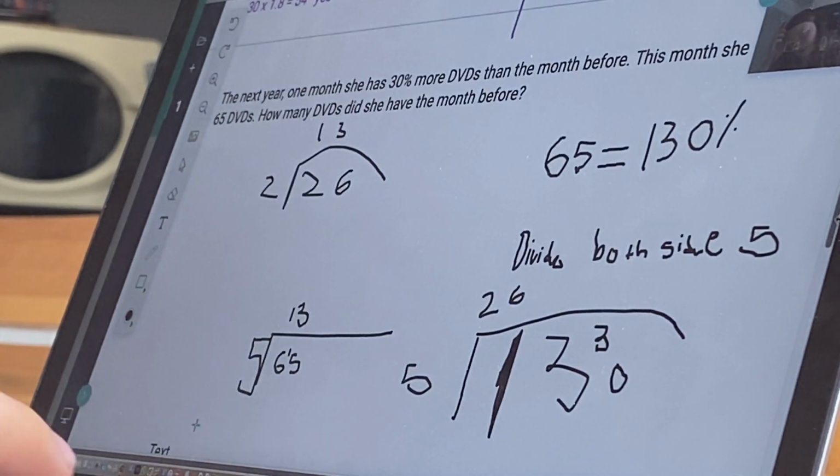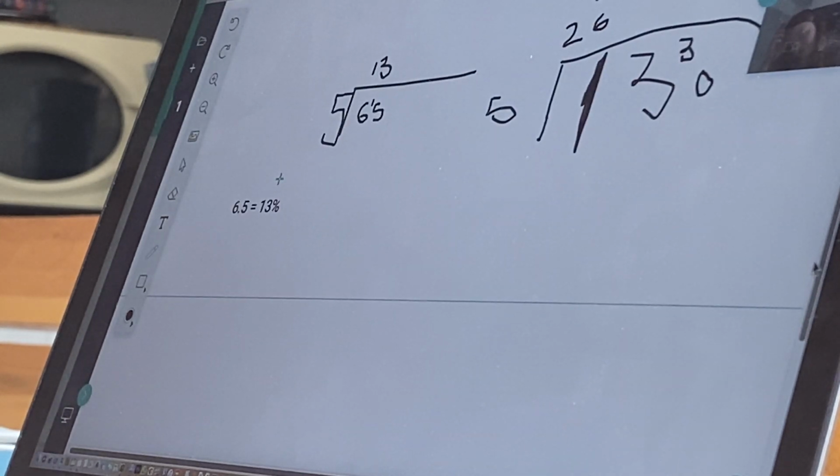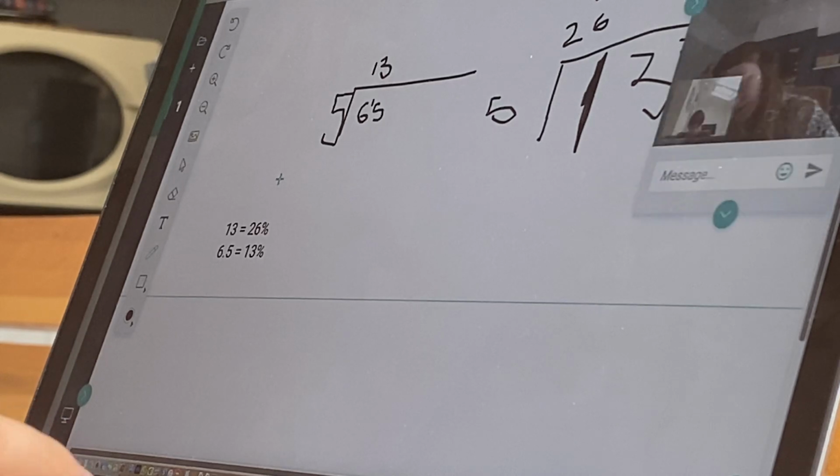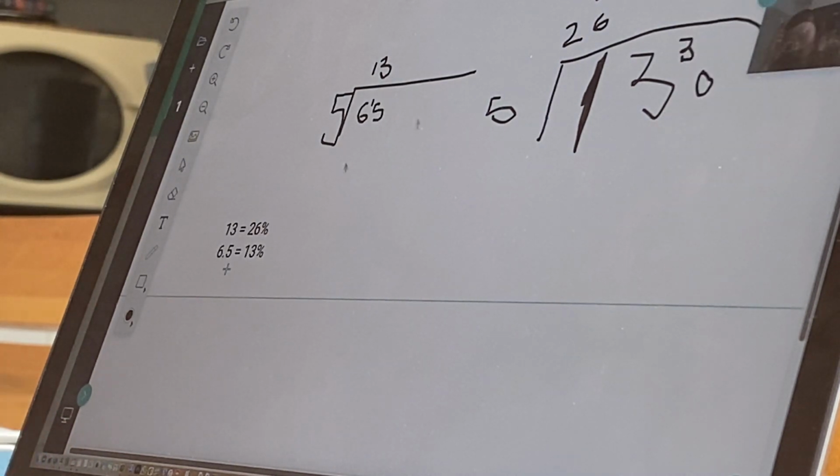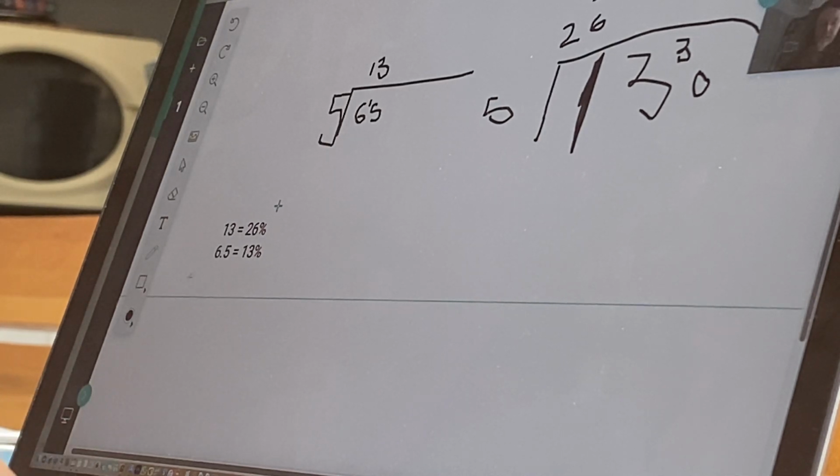Let me write this down. Can we divide by that anymore? Or can you notice something about those two numbers? Divided by 3.25.